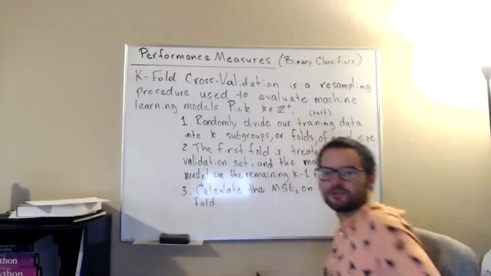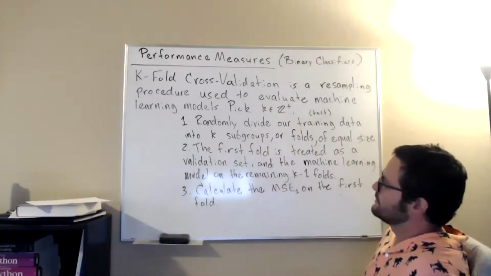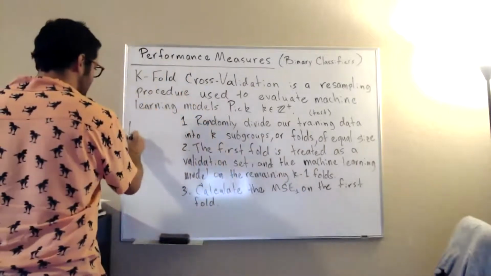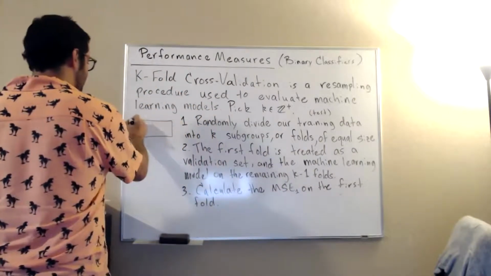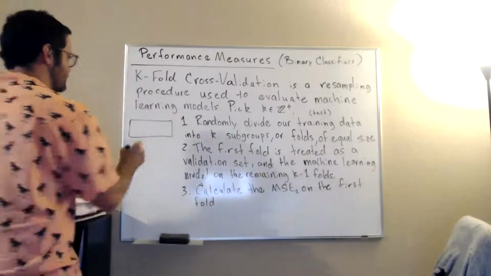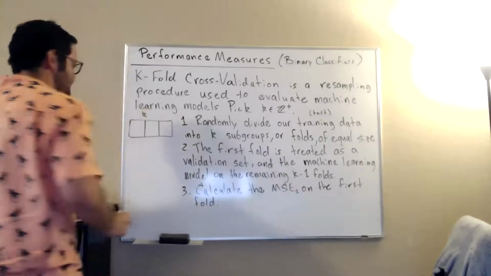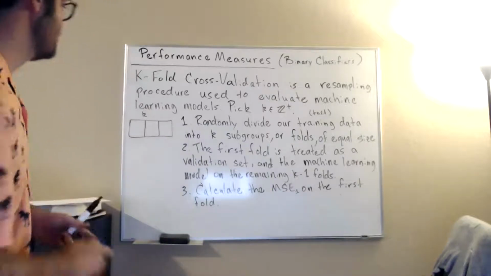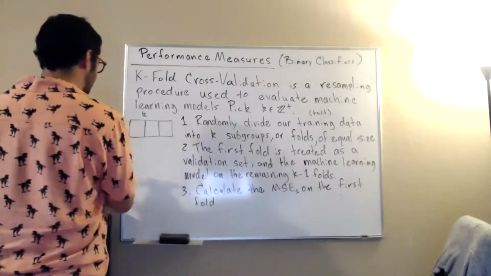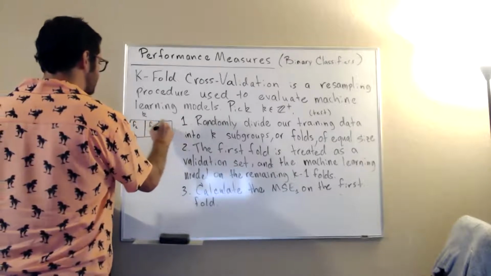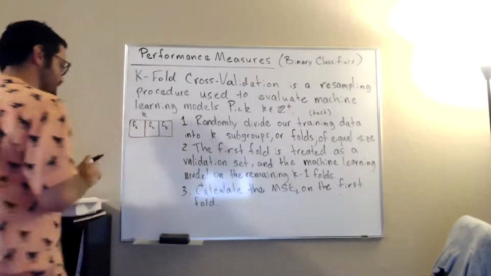So what this is doing is you're taking your data, we're going to draw a picture of it here. And suppose you have k equal to 3. So I'll call these F1, F2, F3.